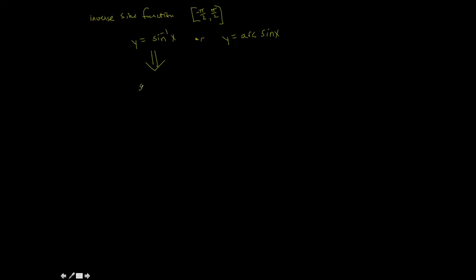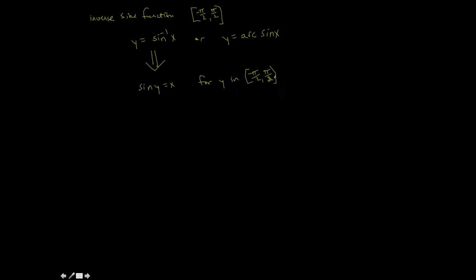Now what is this equivalent to? This is equivalent to sine of y equals x. Now notice we're used to writing it as y equals sine x. But remember, with an inverse, you interchange your x and y's. So this is the sine of y equals x for y in this interval.